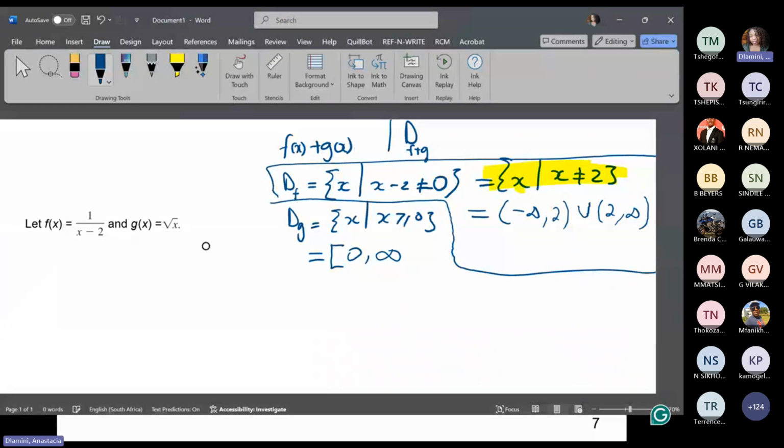And then g of x. G of x is supposed to be greater than or equal to 0, so it's going to be a square bracket 0, positive infinity. You wrote it down. Okay. Who's confused on these two, on the interval notation, because it will be in the exam?